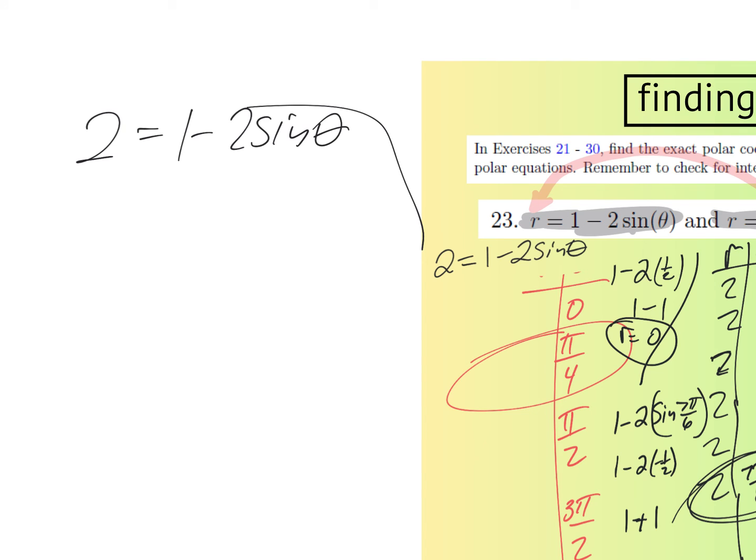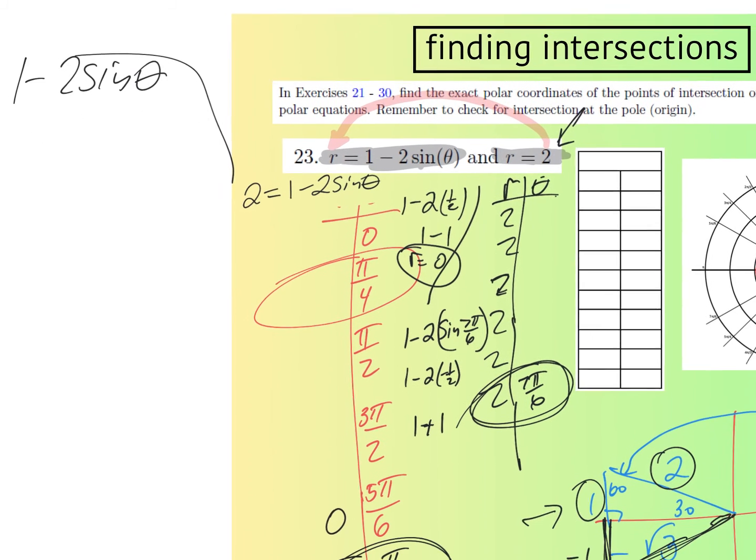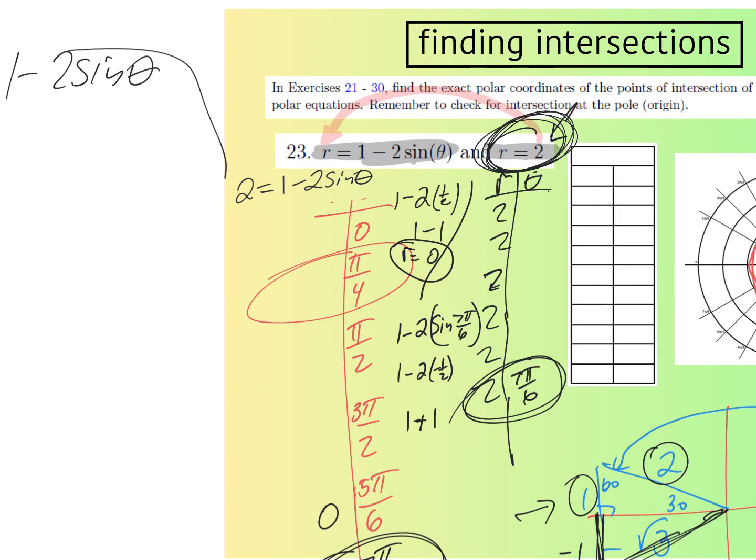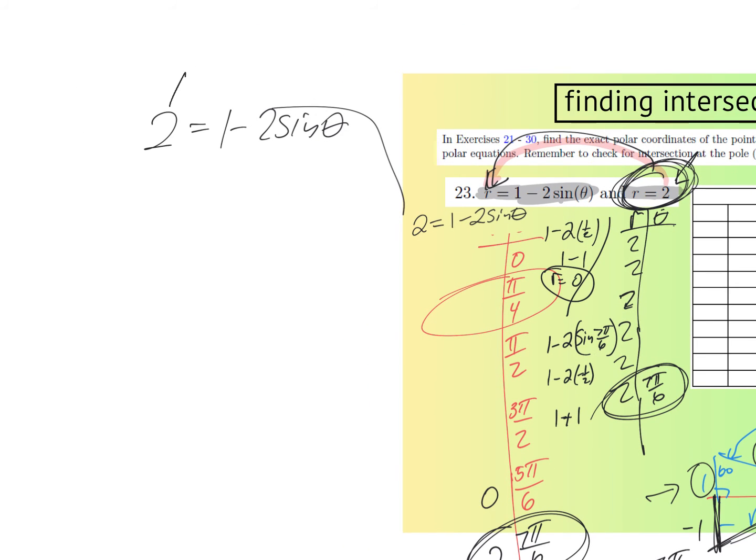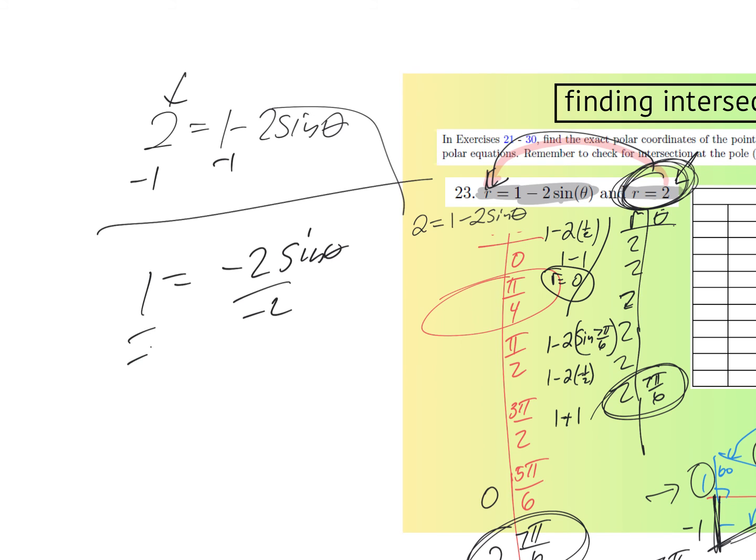What just happened? Well, r was equal to 2, so we stuck it in there. That used to be r, but now it's 2. So now I'm going to subtract 1, and I get 1 equals negative 2 sine theta. Divide by negative 2. Sine of theta equals negative 1/2.